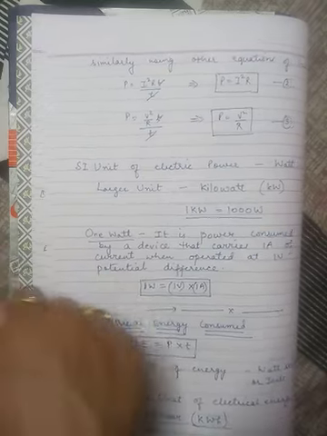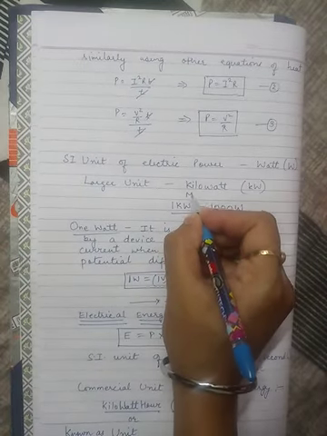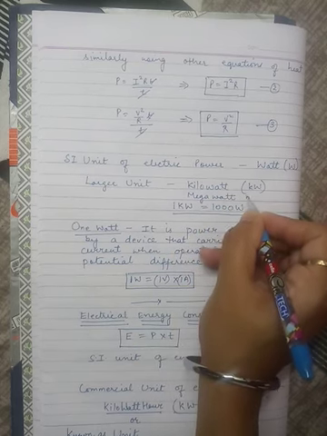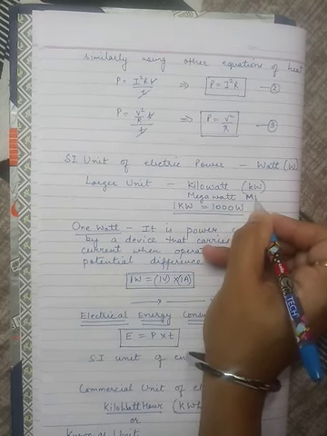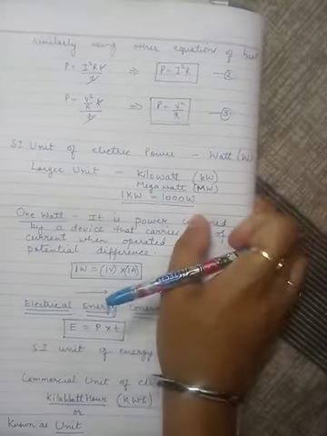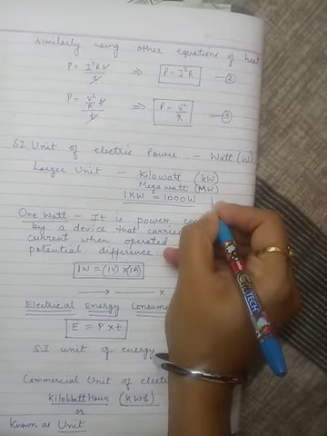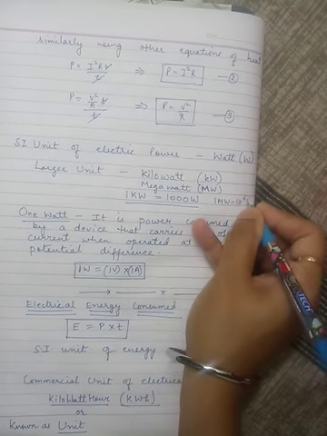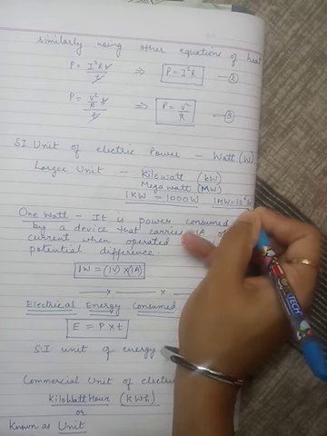Megawatt is capital M W, right? 1 megawatt is equivalent to 10 to the power 6 watt.